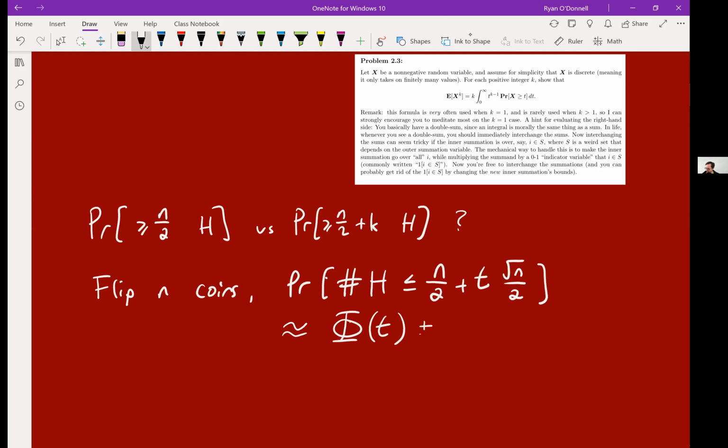Let's see, plus or minus some constant. I'll just write it as c over root n.